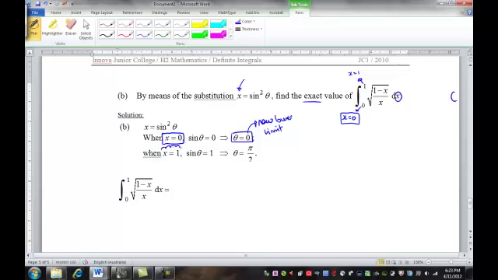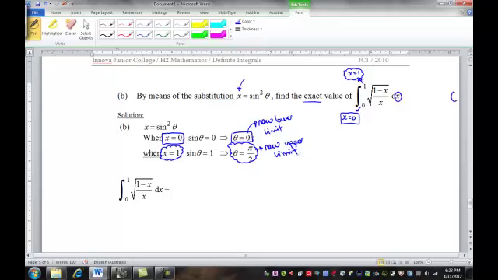Likewise, when x equals 1, which is the upper limit, you substitute x equals 1 into the substitution, you get sine square theta equals 1, which reduces to sine theta equals 1. Then all you need to do, solve for theta, you get theta equals pi over 2. Now, theta equals pi over 2, this is called the new upper limit.